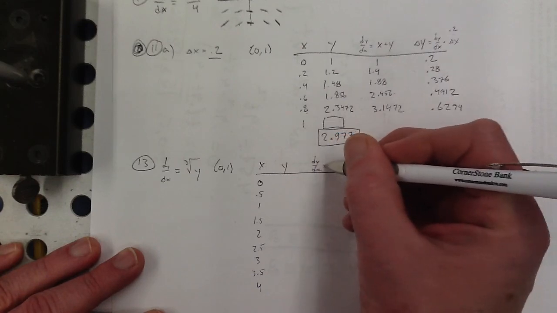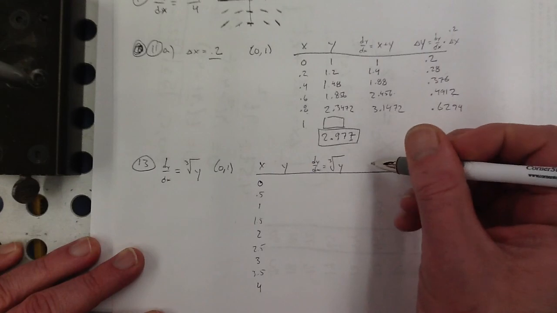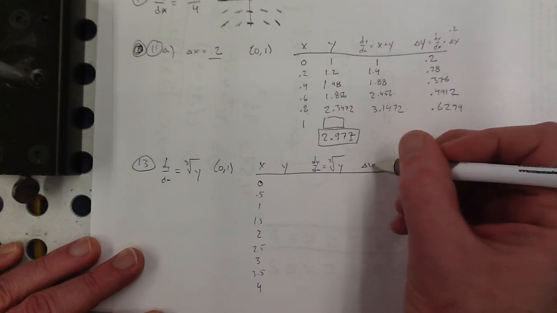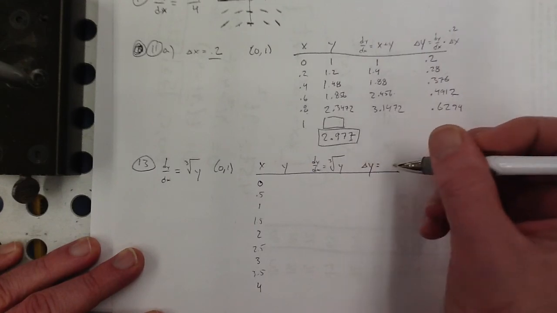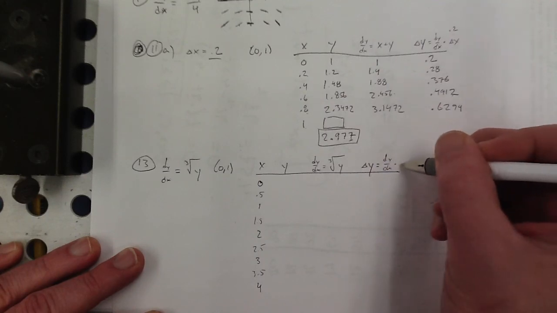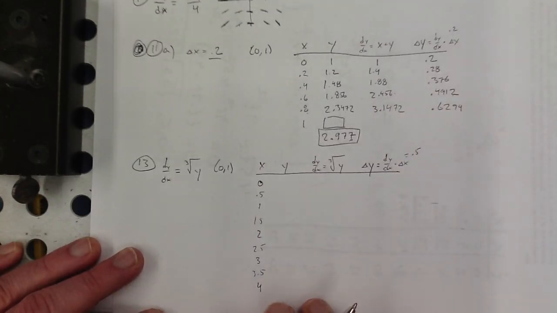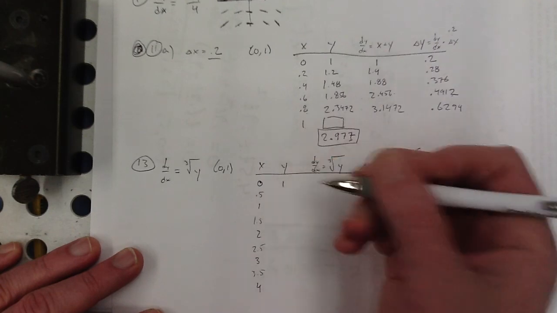dy/dx is equal to the cube root of y, and then, of course, delta y, the change in y, is going to be equal to whatever I get there for my slope times the delta x, which is 1/2.